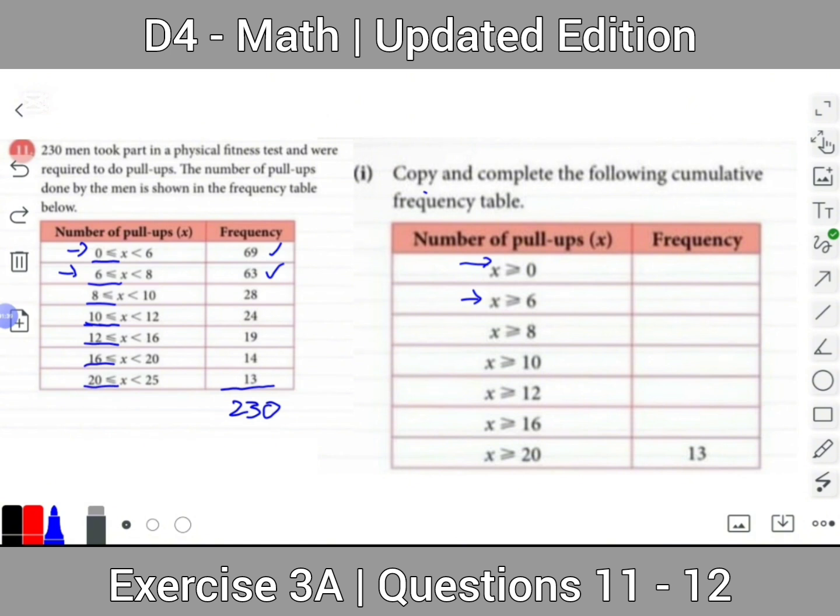So in more than type, we have to remember that we will work with only lower limits.